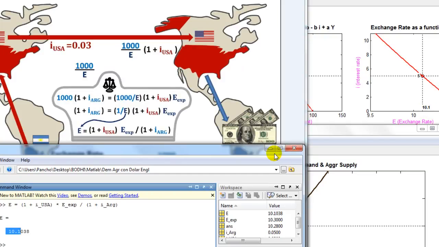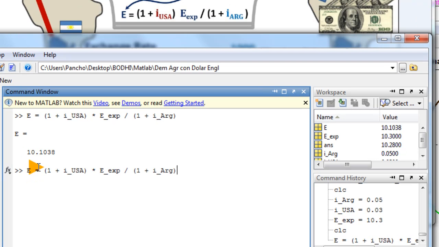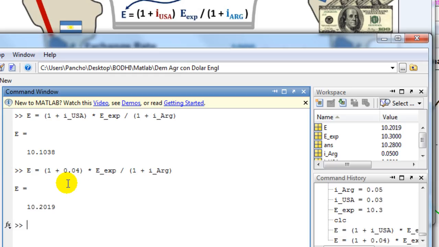And we justified recently that if the interest rate in USA goes up, the exchange rate should go up. So if the interest rate in USA goes from 0.03 to 0.04, let's say, then the exchange rate goes up from 10.1 to 10.2.